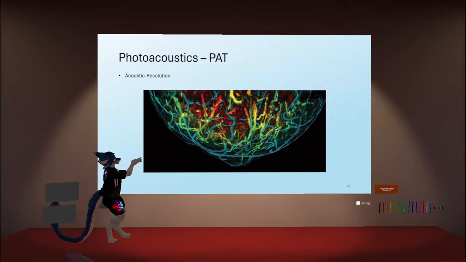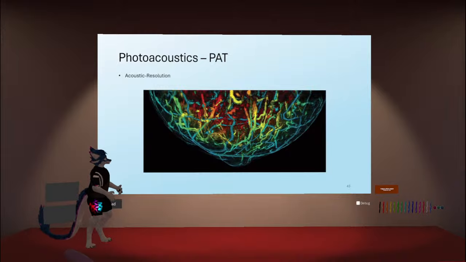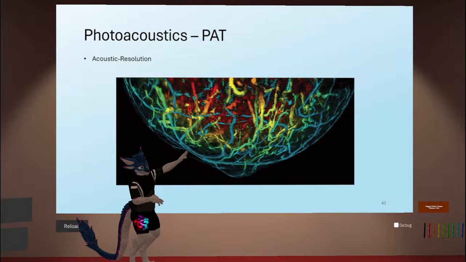Basically, what these systems look like is, you imagine a table with a cup in it, and that cup is full of water, and it's full of ultrasound transducers and light pipes. The patient can just lay down, the breast hangs down in there, and you can get full breast maps of the vasculature network.